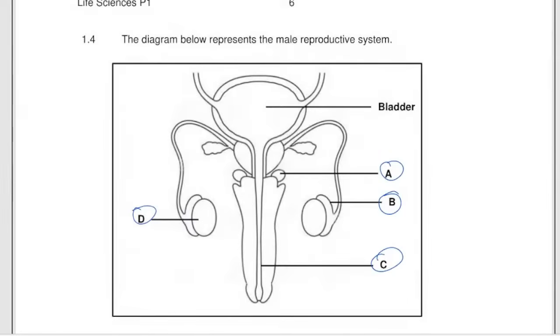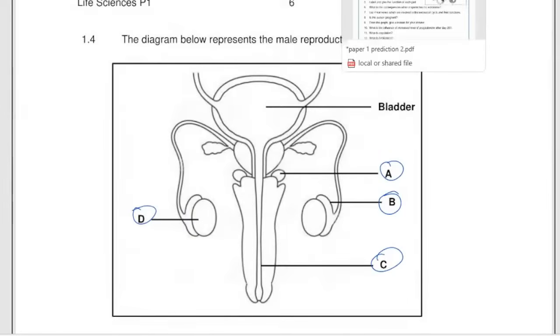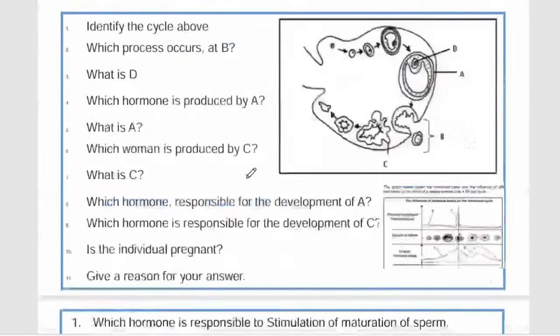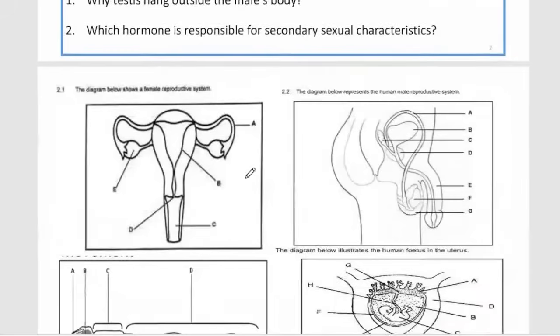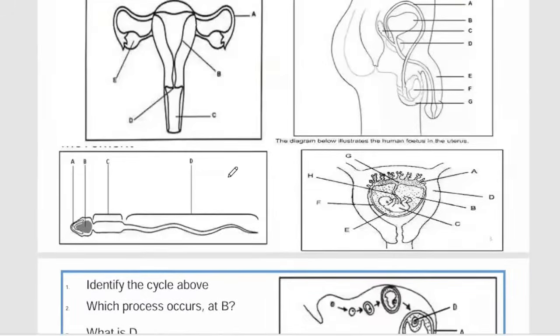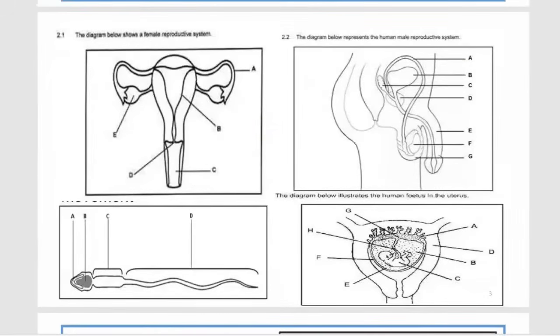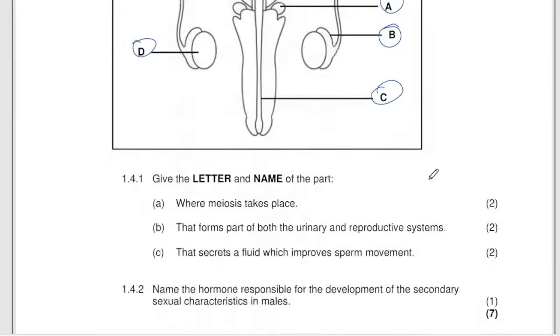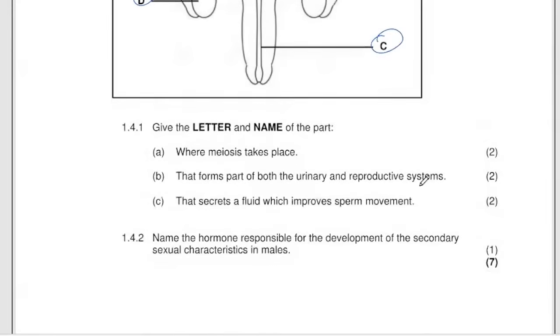You need to be able to label each and every part. Make sure that you know all these parts from all these diagrams and their functions. Let's first answer this paper, then we shall go back to that one and do what we call the catch-ups.